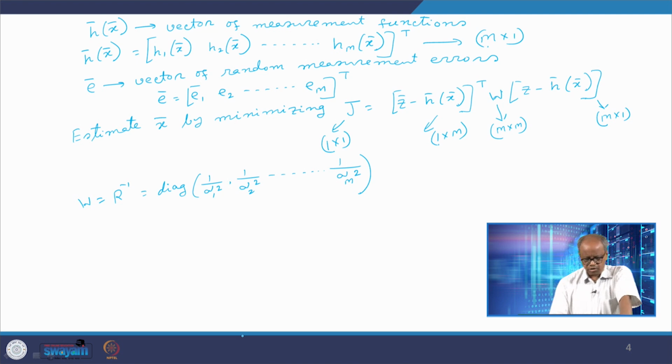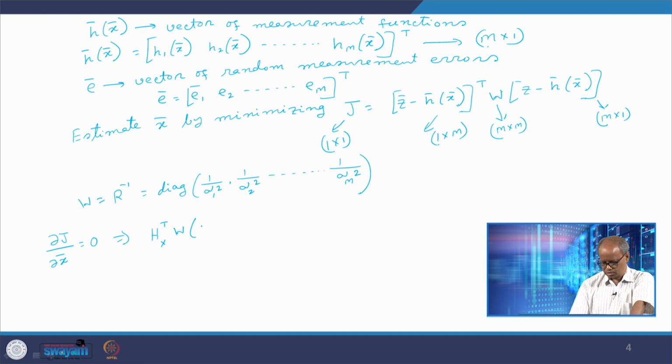So, to minimize it, what we do is we set del J by del x hat equal to 0. That gives me a relation that H(x) transpose W times z minus h(x) is equal to 0.